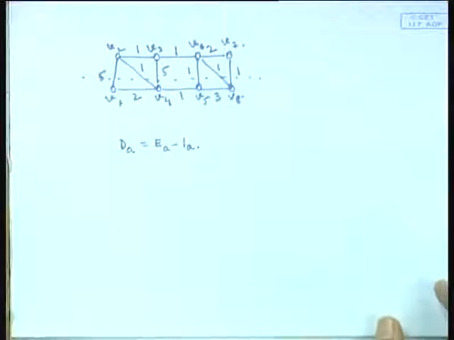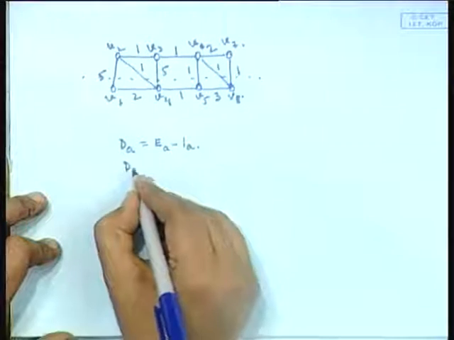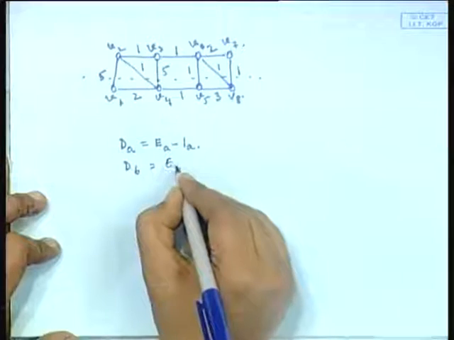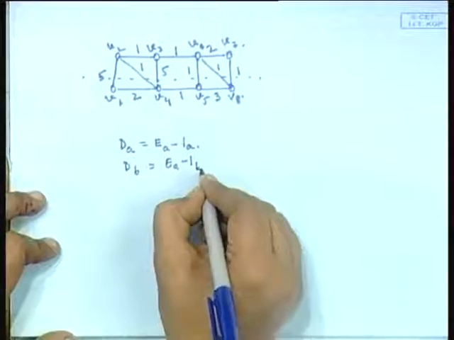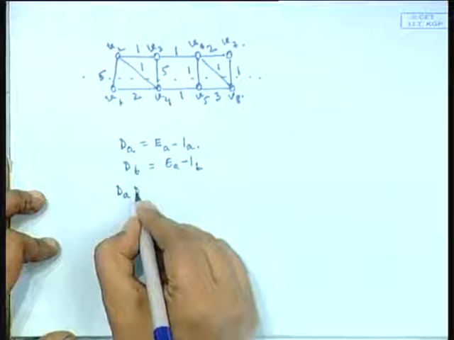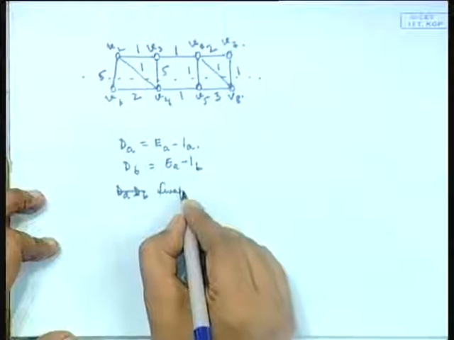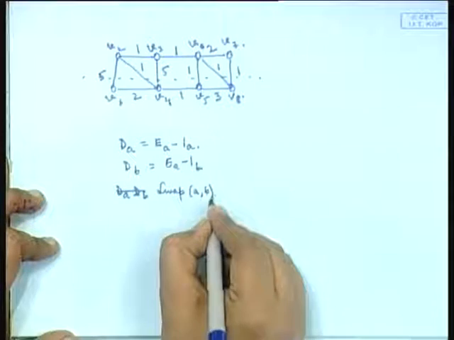So, clear? Again, dB is EB minus IB. Now, when I swap A and B, what happens?